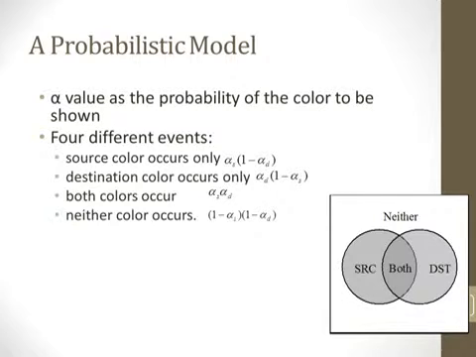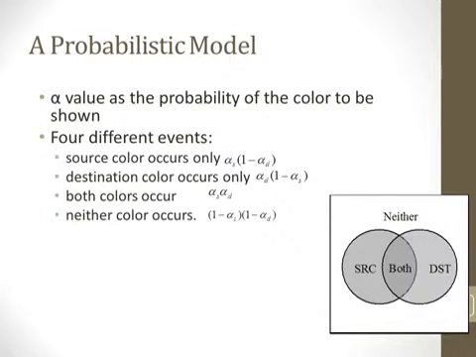If the source occurs only, then alpha s for the source times 1 minus alpha d, so we subtract the probability of alpha d, then the source will appear only. For the destination region, the destination will appear only, so alpha d multiplied by 1 minus alpha s to remove the source.